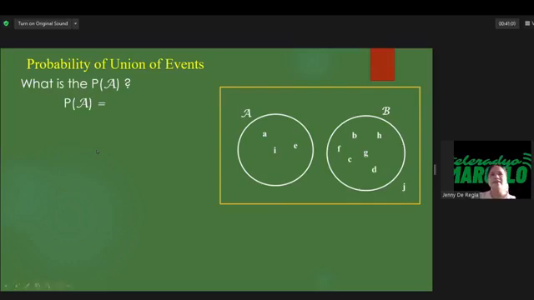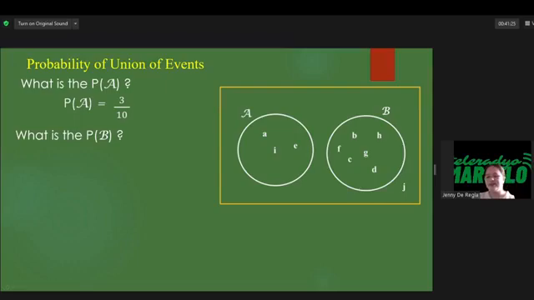The probability of an event A is equal to 3/10, since we have 3 letters inside circle A out of 10 letters as the sample space. So 3/10.